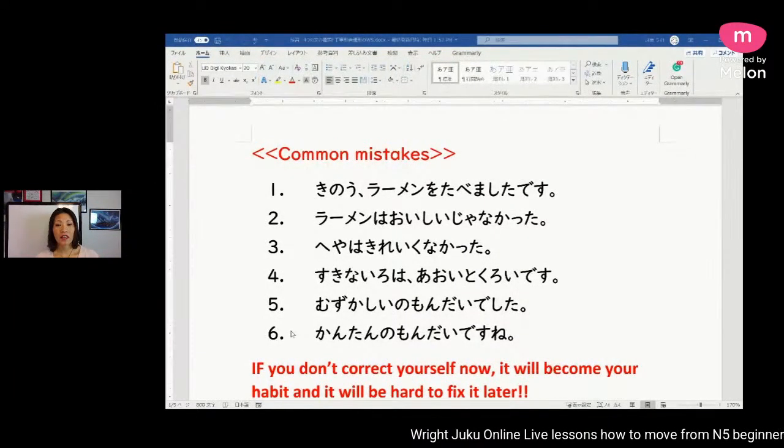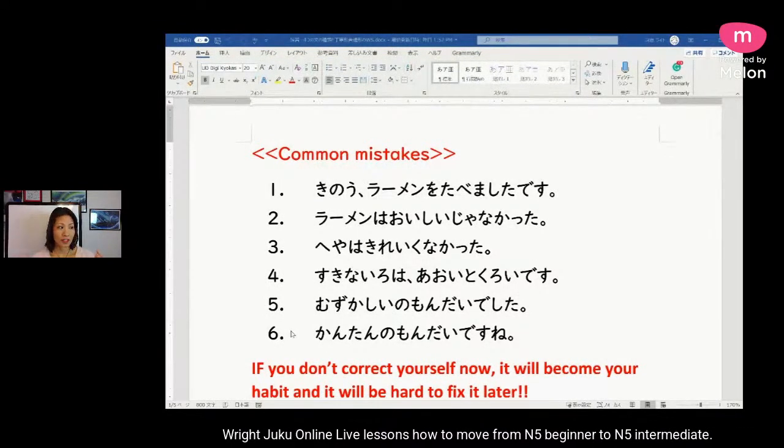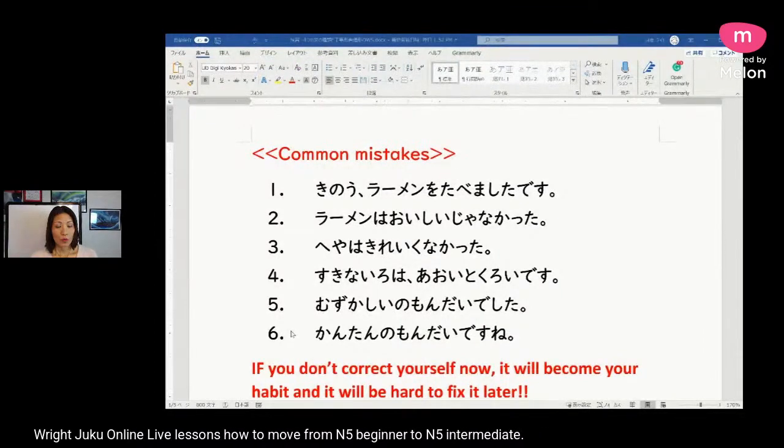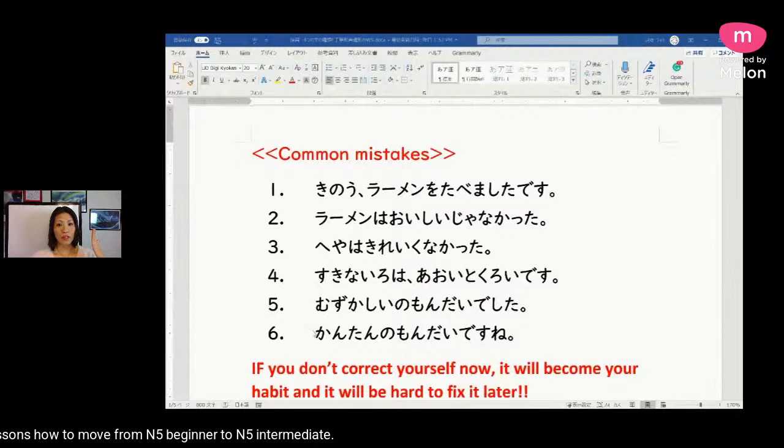And when they do, they can correct themselves because they have a strategy in their brain. They move from not knowing why they make mistakes to, oh, I made a mistake, and I know how to correct it. There is a gap in between.